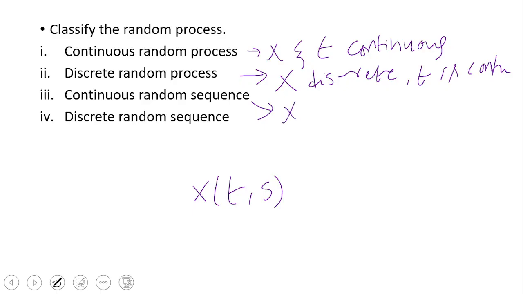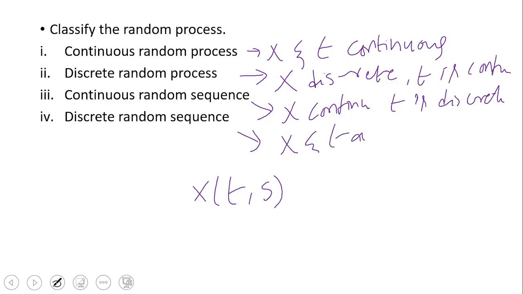Continuous random sequence means X is continuous and t is discrete, and discrete random sequence means both X and t are discrete. So these are the classifications of random process.